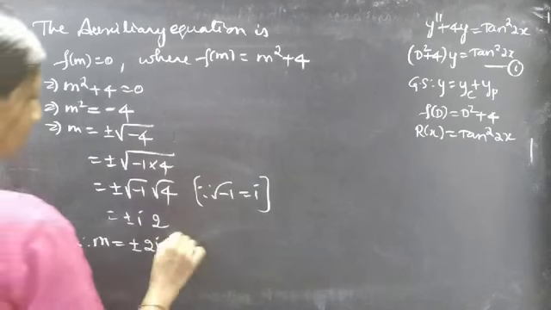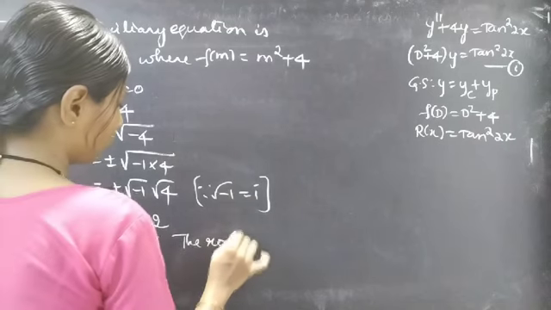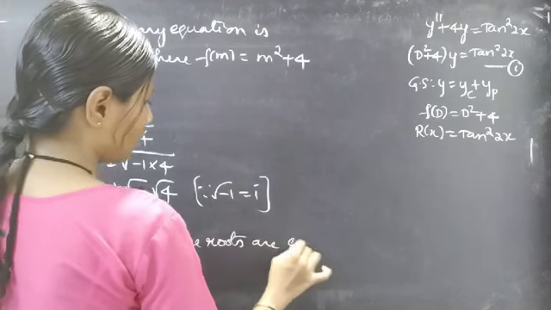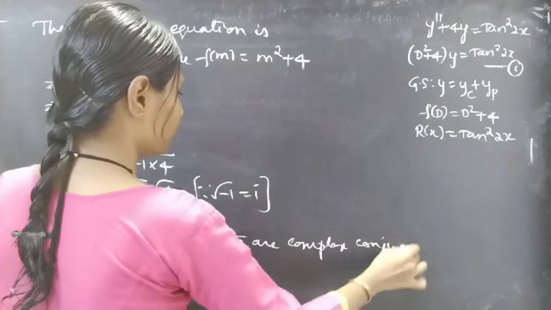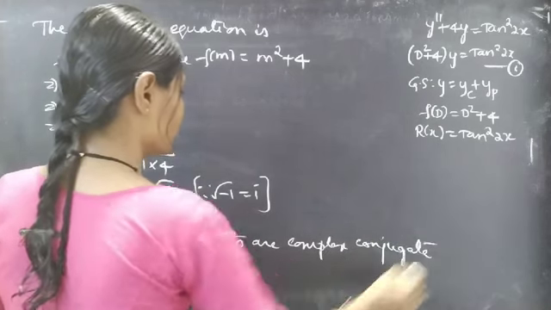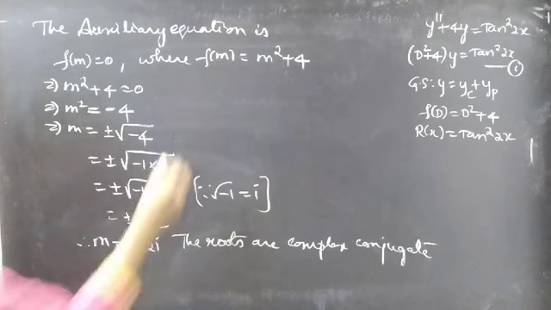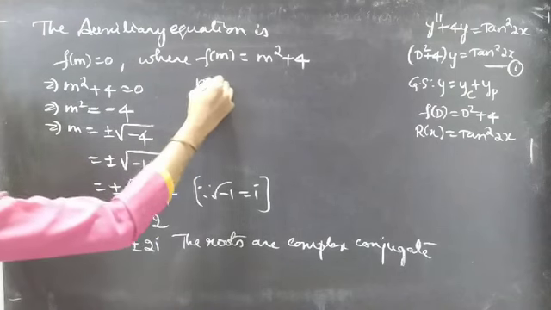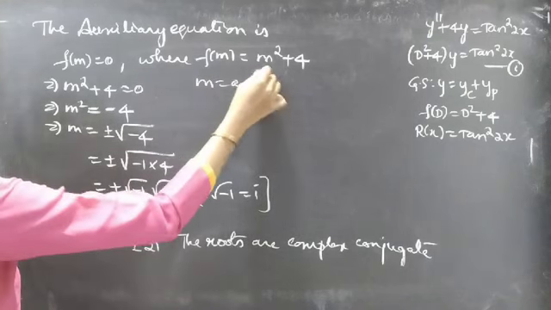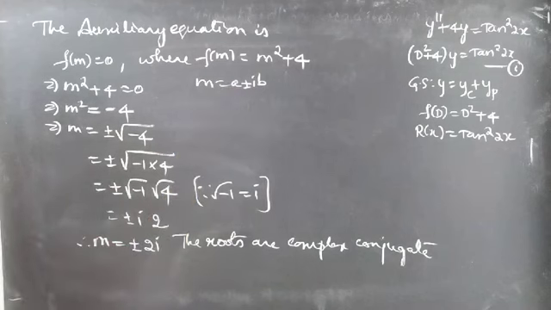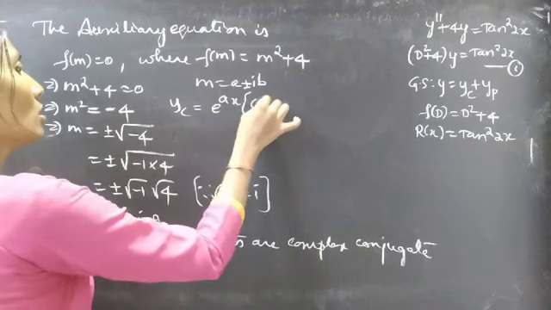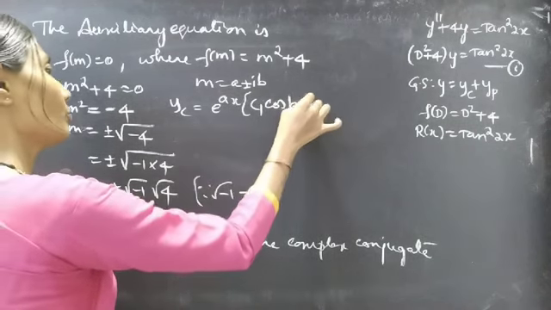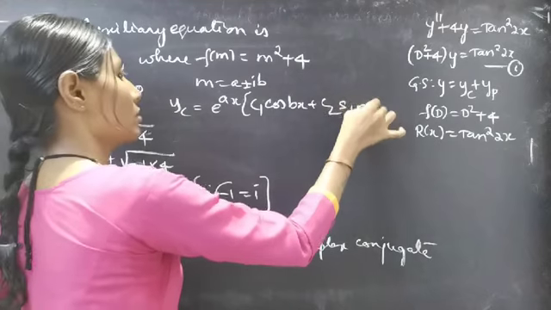The roots are complex conjugates. Okay, we know that when m equals a plus or minus ib, which are the roots, then the complementary function looks like e power ax into c1 cos bx plus c2 sin bx.